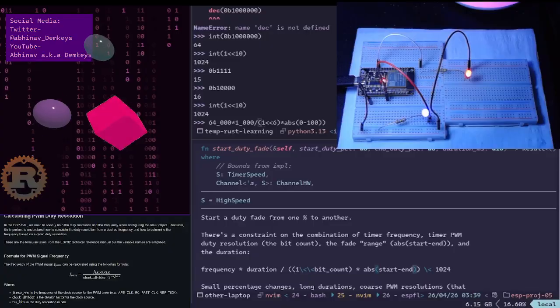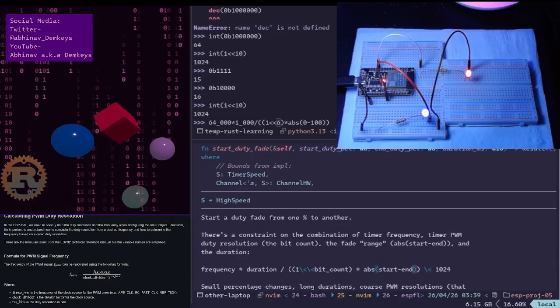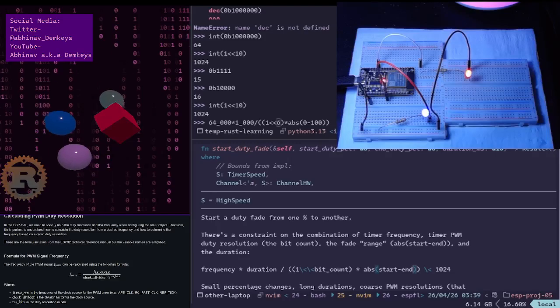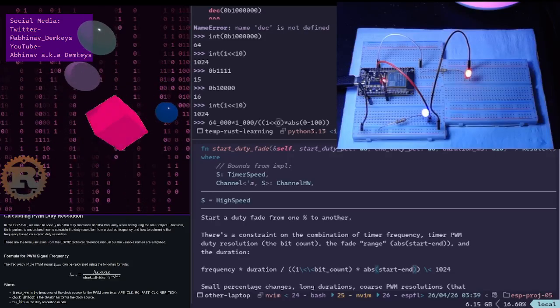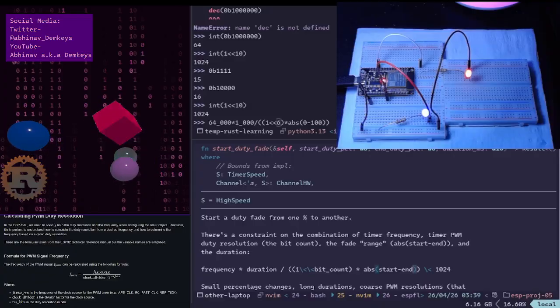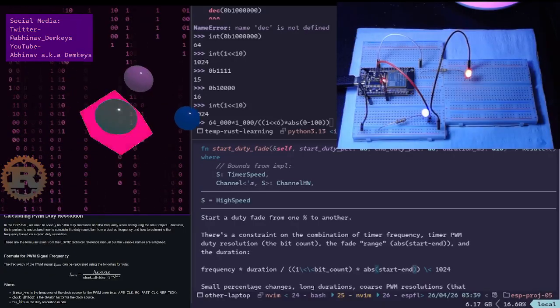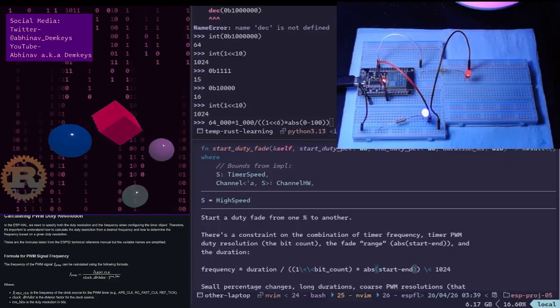So this will evaluate first. This will be multiplied by 100. This is going to be 64. It gets multiplied by 100. That's 6,400, which then gets divided by 64 million.